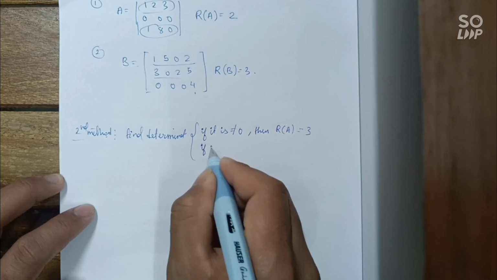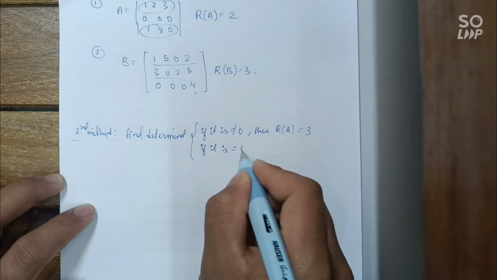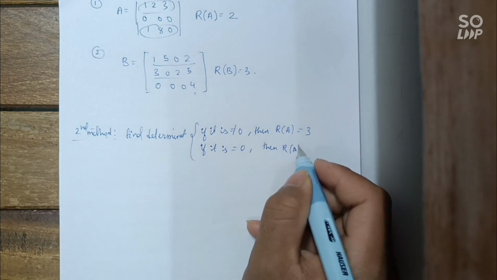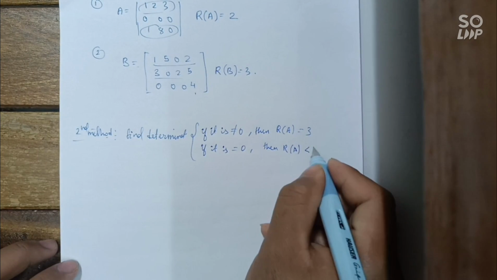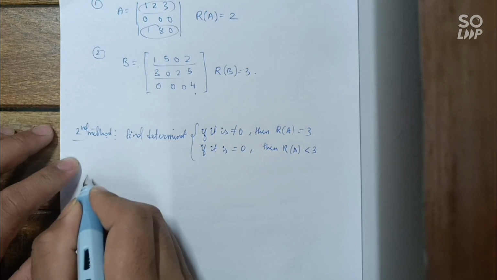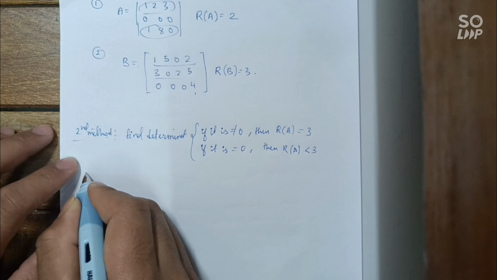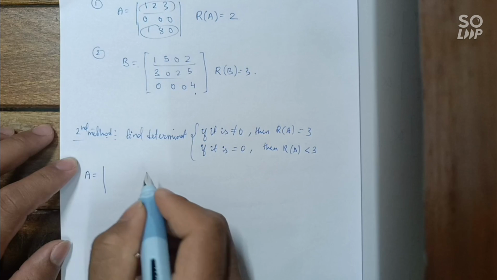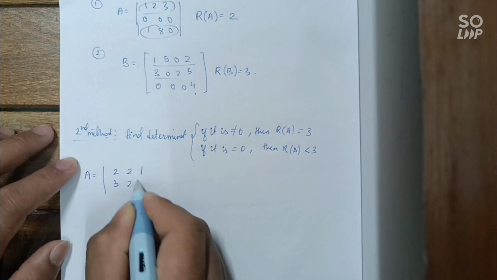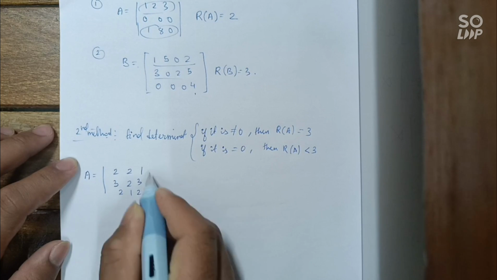But if it is equal to 0, then rank of matrix A will be less than 3. So let's find the rank of matrix A. Suppose A we have 2 2 1, 3 2 3, 2 1 2.